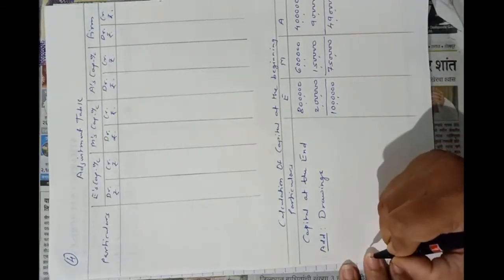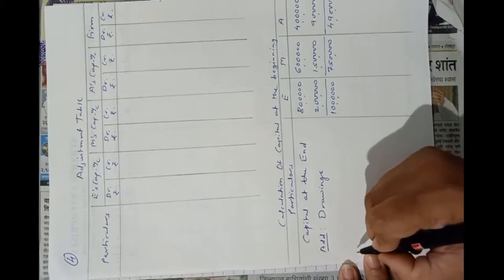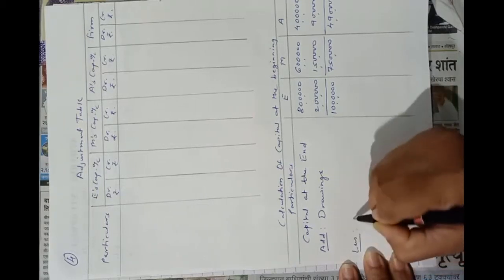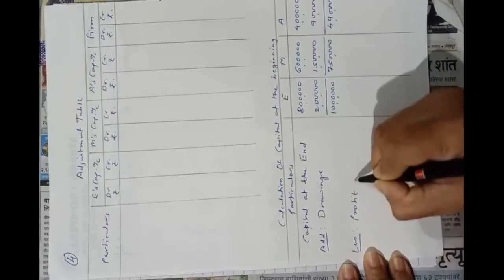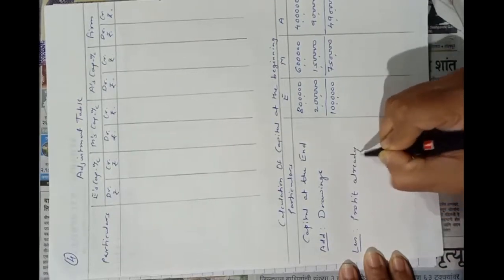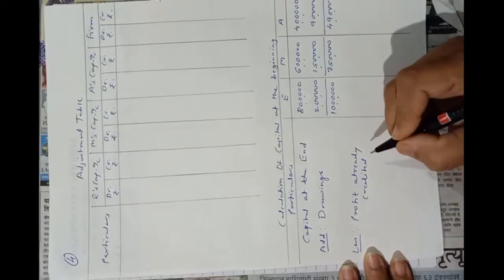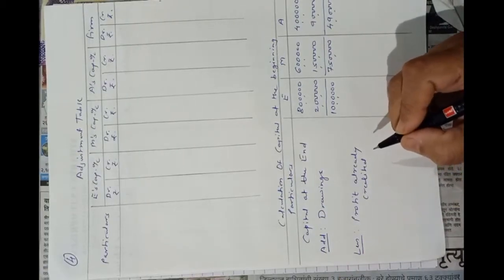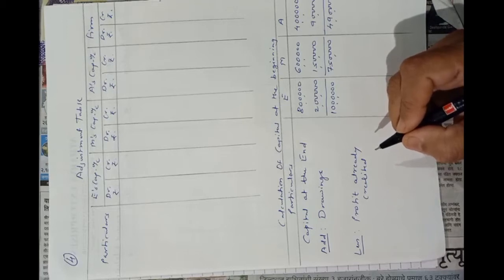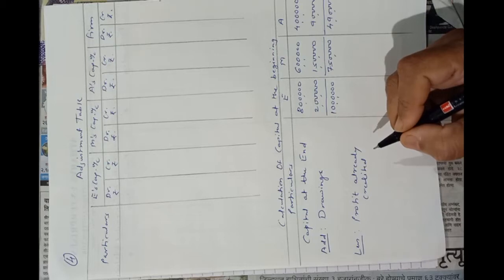Now we have to deduct the profit already credited. So less profit already credited. Now see here, the total net profit is 12 lakhs and their profit sharing ratio is 3:2:1.